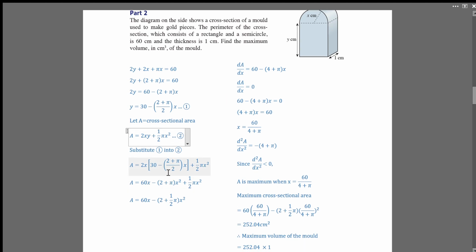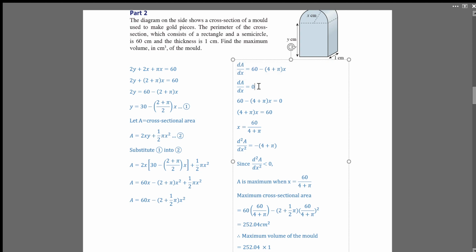Then I substitute y from equation 1 into equation 2, so I can eliminate y and get A in terms of x. After this, I will do the differentiation dA/dx.